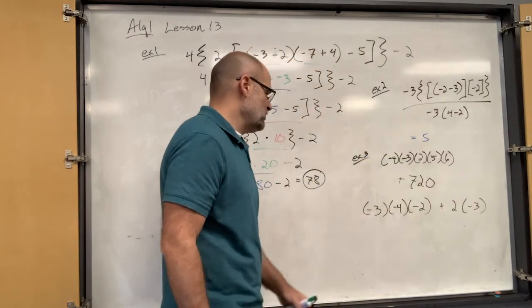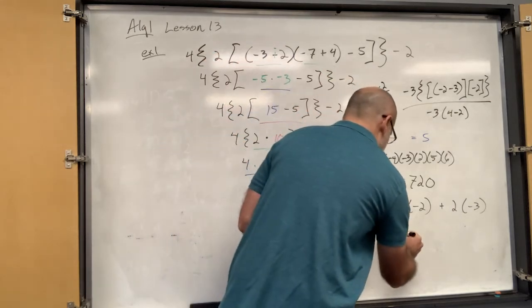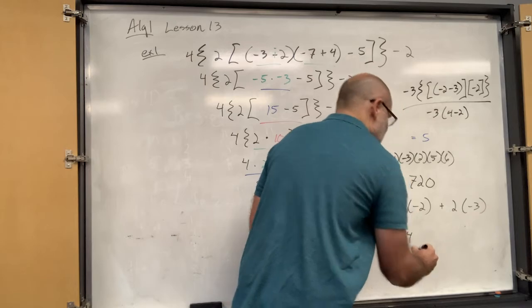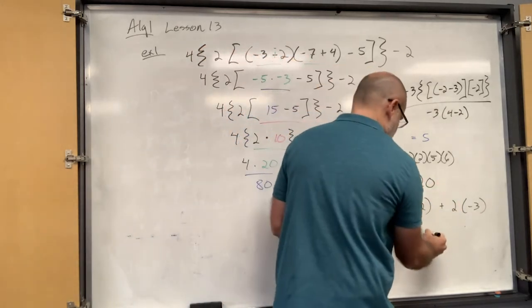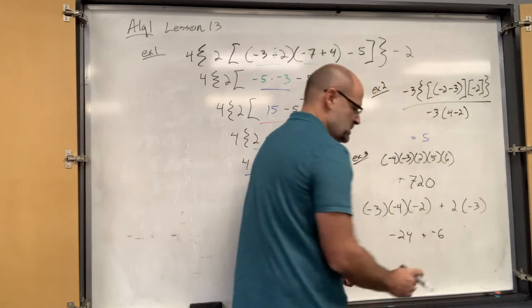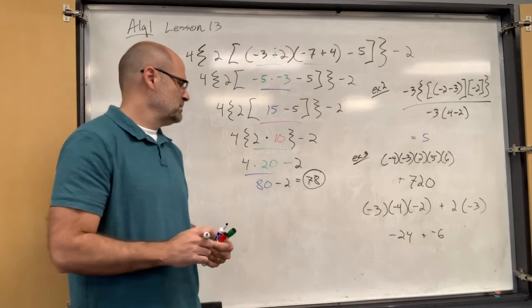So what's 3 times 4 times 2? 24. So it's -24, right? So far so good? And then what's 2 times -3? -6. -6 plus -24, -30.